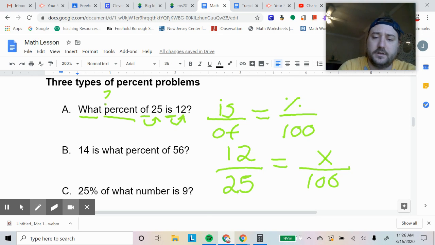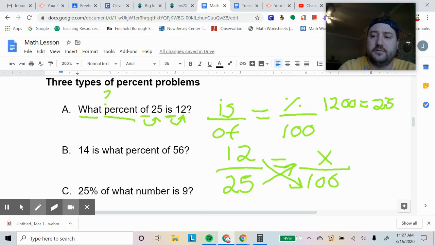Cross multiply. So you cross multiply here and here, and you get 1200 is equal to 25x divided by 25.